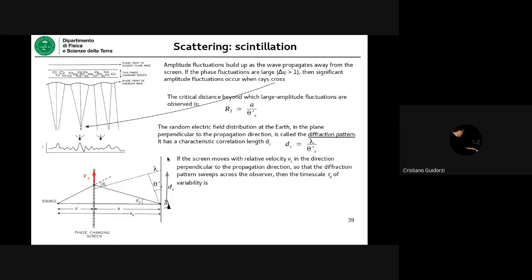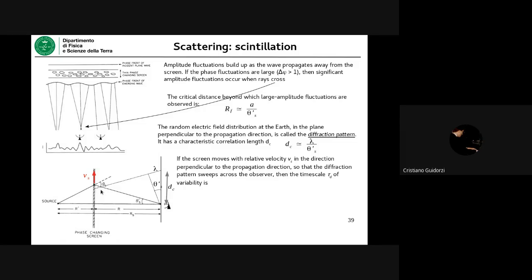Well, this is important because we may allow the medium within the screen, which is responsible for this effect, to change as a function of time. This could be the case of a turbulent medium, in which all these blobs are moving randomly, and whose motion, for example, can be characterized with a typical velocity, which I call here Vs. What happens?